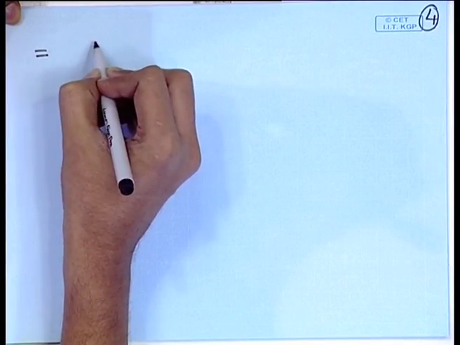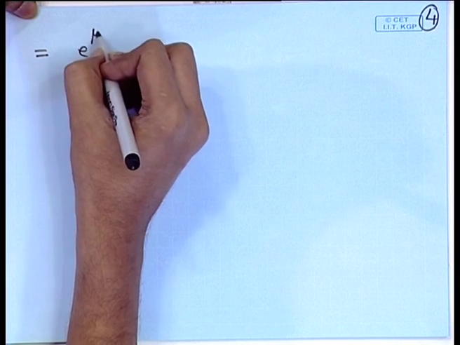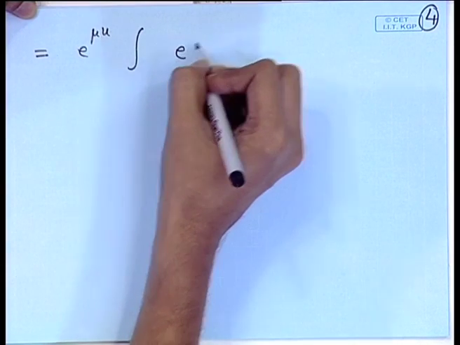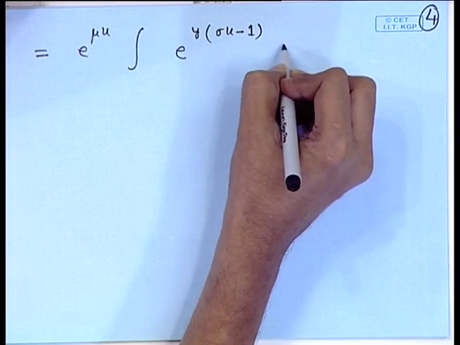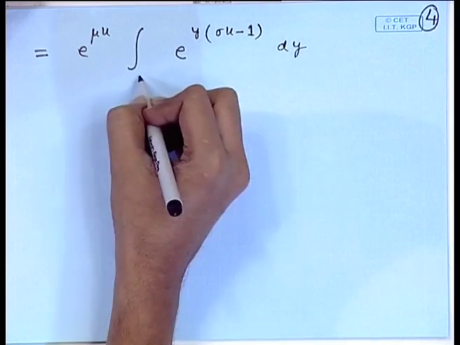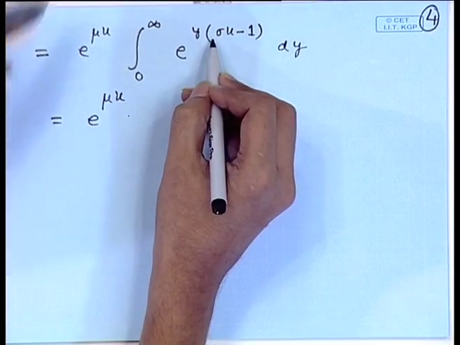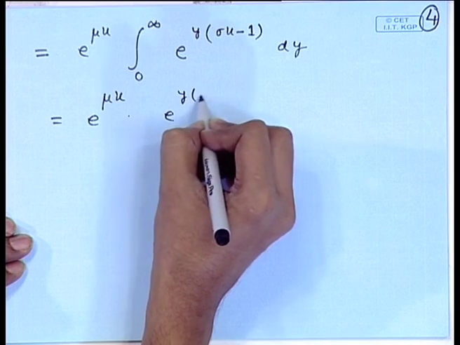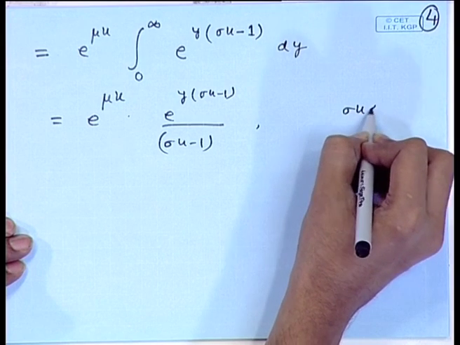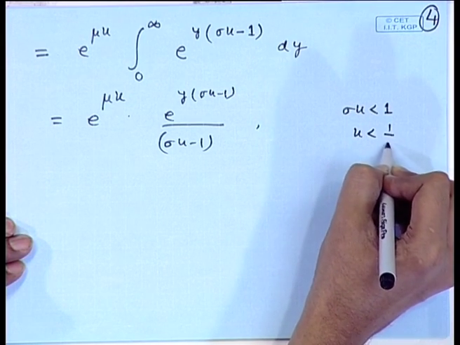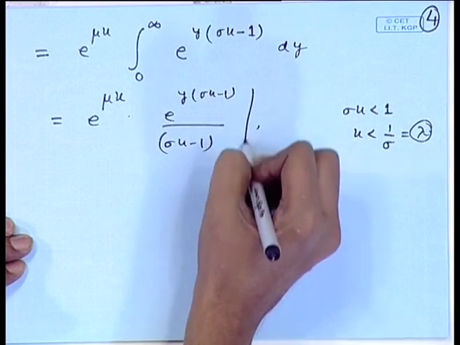It is equal to e to the power mu u, integral of e to the power y (sigma u minus 1) dy from 0 to infinity, which is e to the power mu u times e to the power y (sigma u minus 1) divided by (sigma u minus 1), provided sigma u is less than 1 or u is less than 1 by sigma, which was basically lambda, evaluated from 0 to infinity.